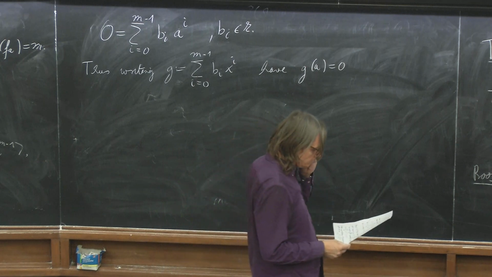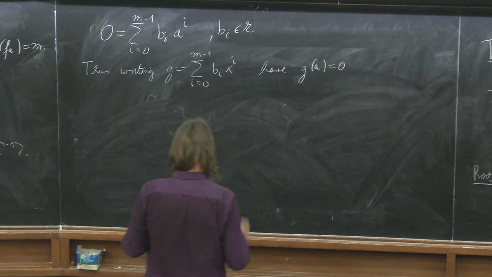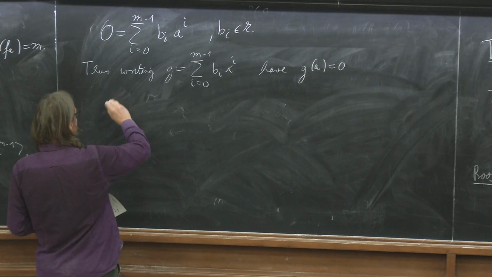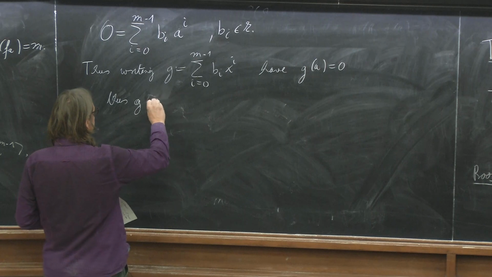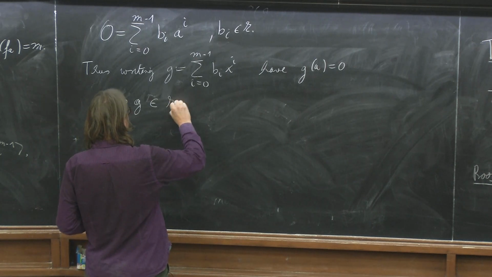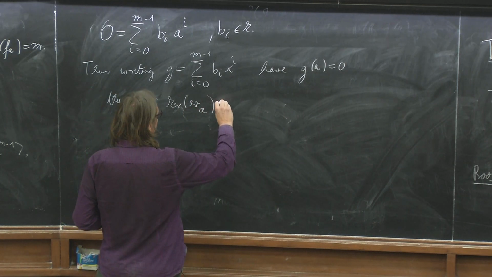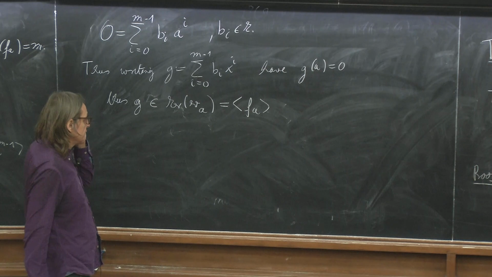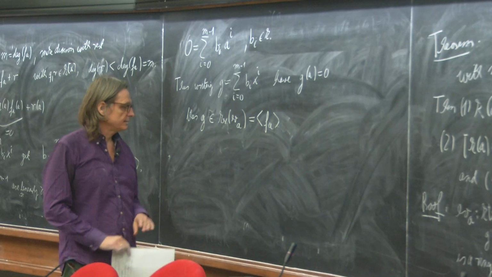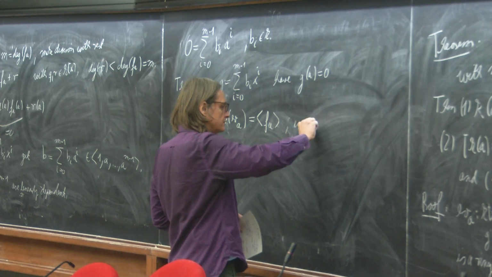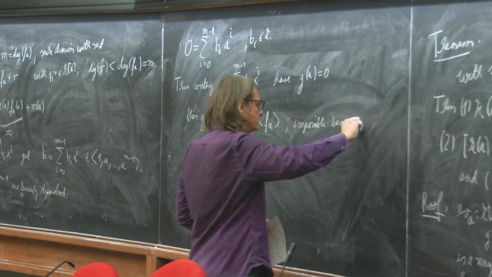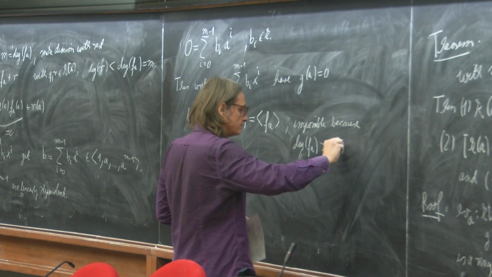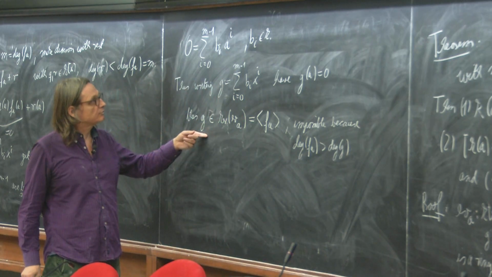So thus g is in the kernel of the evaluation homomorphism at A, which is the ideal generated by f_A. And this is impossible because the degree of f_A is bigger than the degree of g, unless g was the zero polynomial.